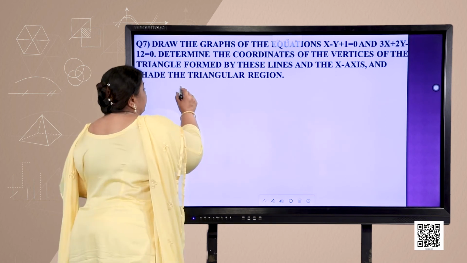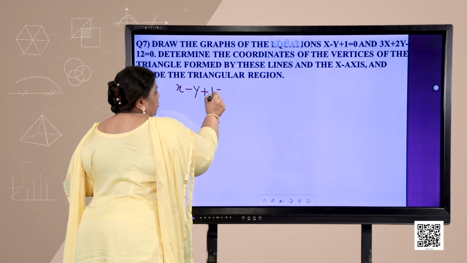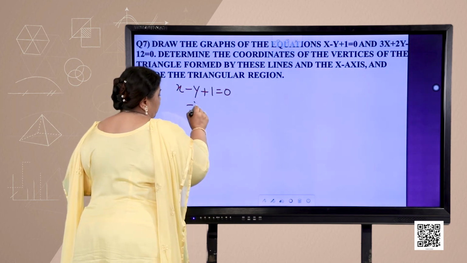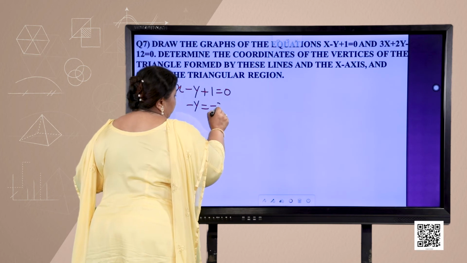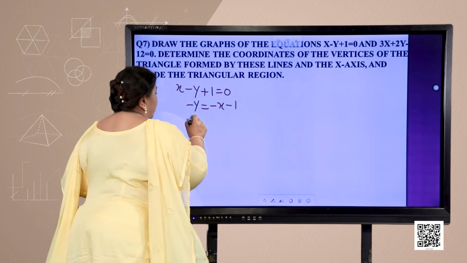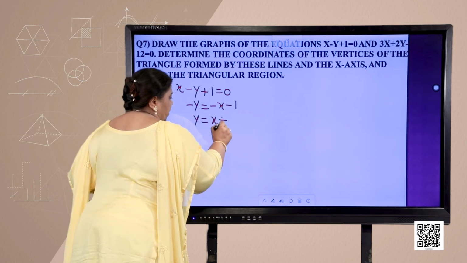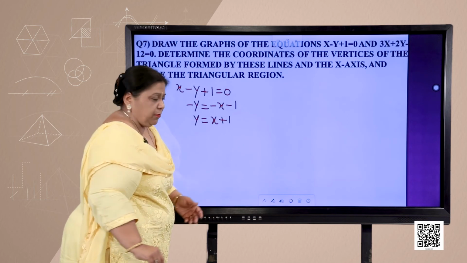First equation is x minus y plus 1 is equal to 0. So, minus y is equal to, if I take x and 1 to the other side, signs will change. Now, if I multiply throughout by minus 1, I get y is equal to x plus 1. Simple equation.